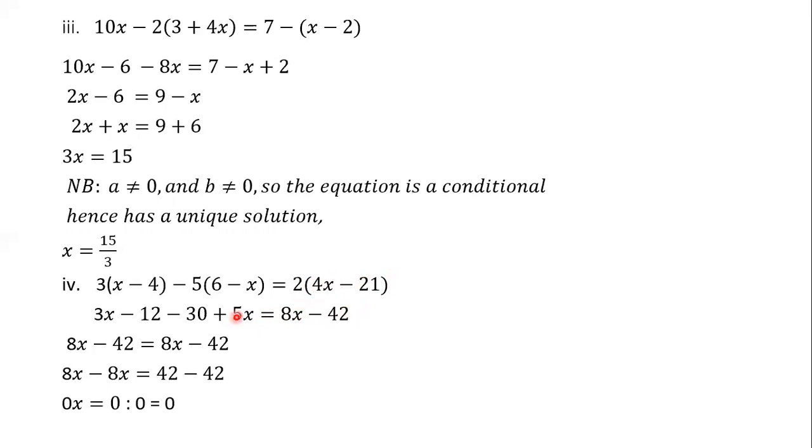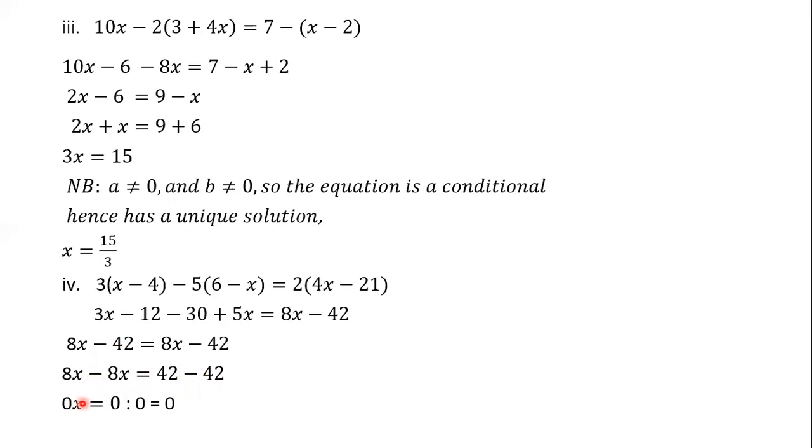So here you can simplify the left side because you have like terms. So 3x plus 5x becomes 8x. Minus 12 minus 30 becomes minus 42. Now equal to 8x minus 42. So now we group like terms: 8x minus 8x equal to 42 minus 42.